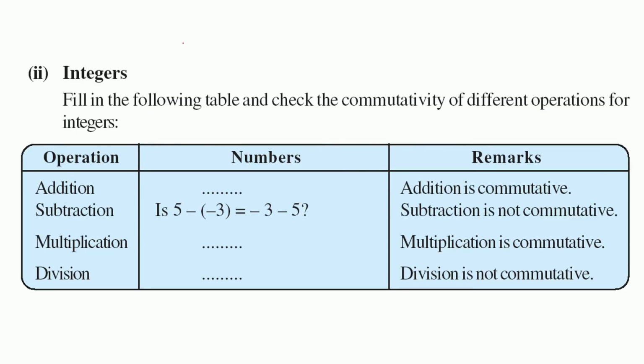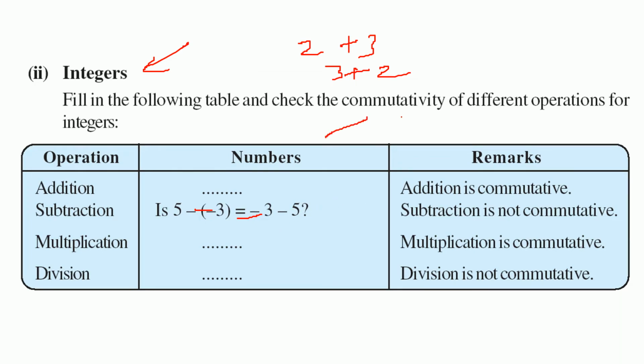Integers also, when you add, or you can say commute, if you add 2 with 3 or 3 with 2, you will get the same integer. When you subtract, again you will get some number which may not be the same, because subtraction is not commutative here.